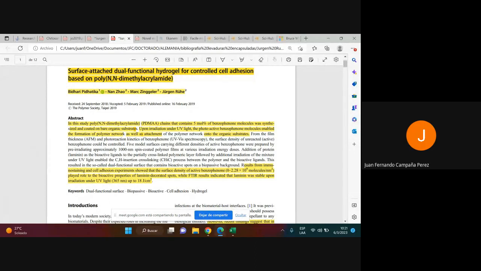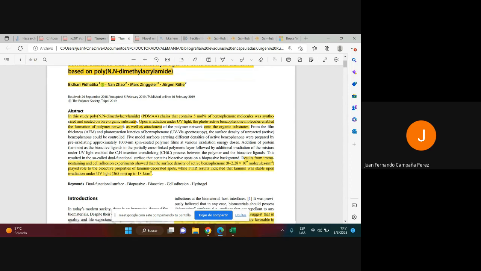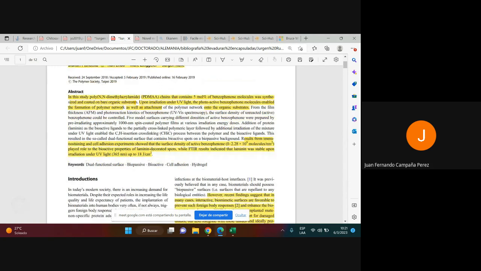Today I'm going to talk about microparticles of hydrogel and their ability for cell adhesion. In this study, they use a polymeric chain that contains benzophenone molecules, which was synthesized and coated on bare organic substrates.